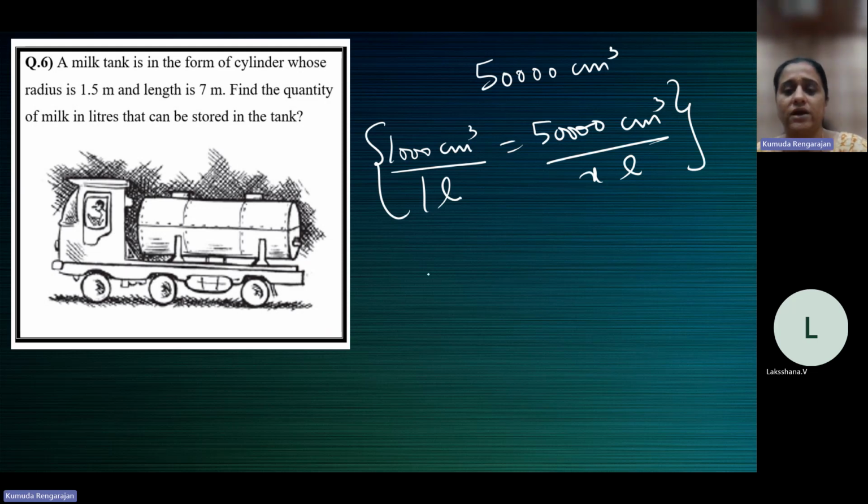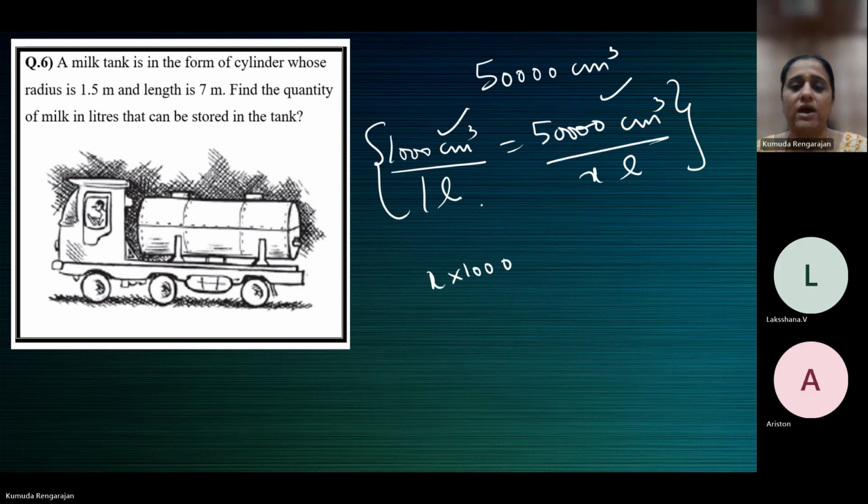Cross multiply. X into 1000. When you cross multiply, you should have centimeter cubed in the numerator and liter in the denominator, or liter in the numerator and centimeter cubed in the denominator. Numerators must be the same unit, and the denominators must again be the same unit. So in the numerator I have centimeter cubed on both sides, and in the denominator I have liter on both sides.